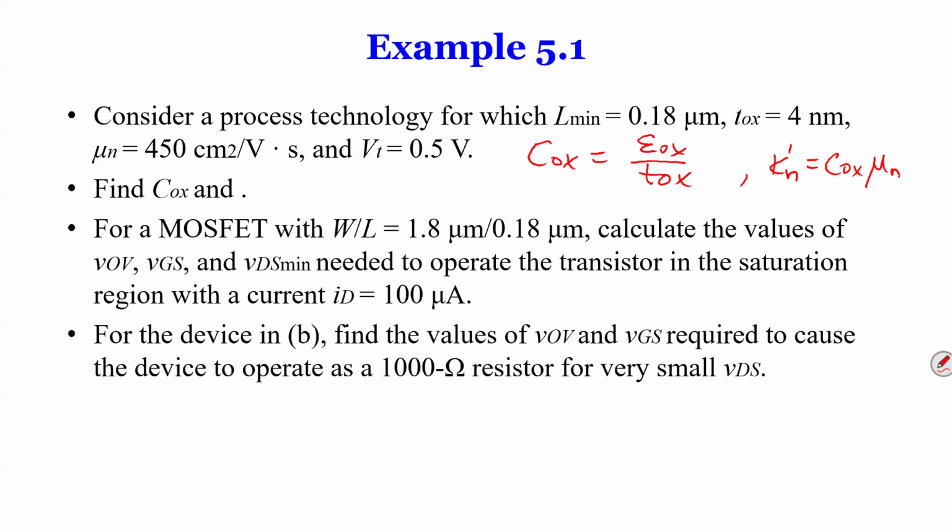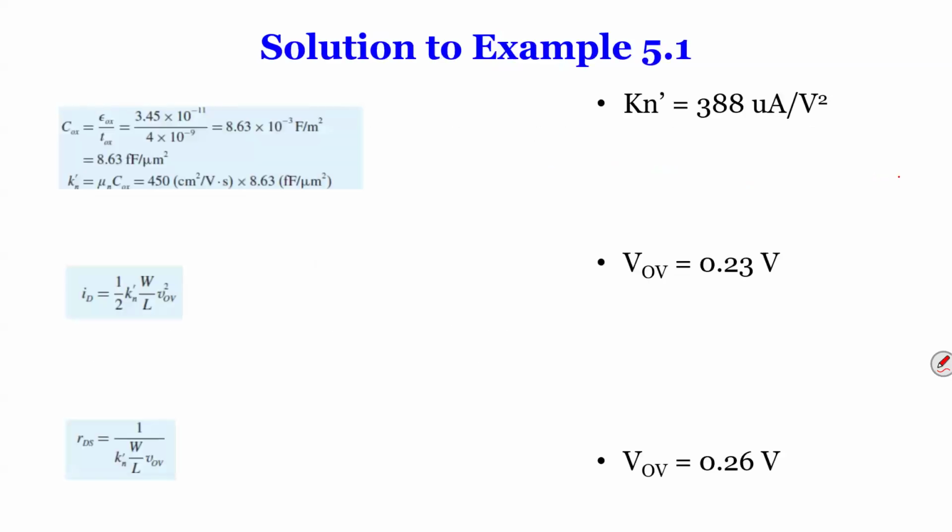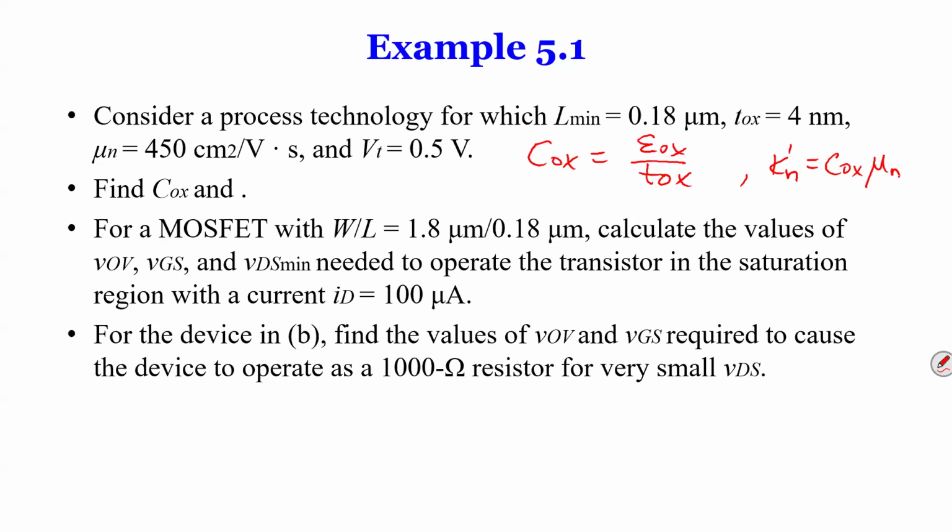To do that, we need the relation of current. Previously, we told you that in the saturation region, ID is equal to 1/2 K prime W over L VOV squared.